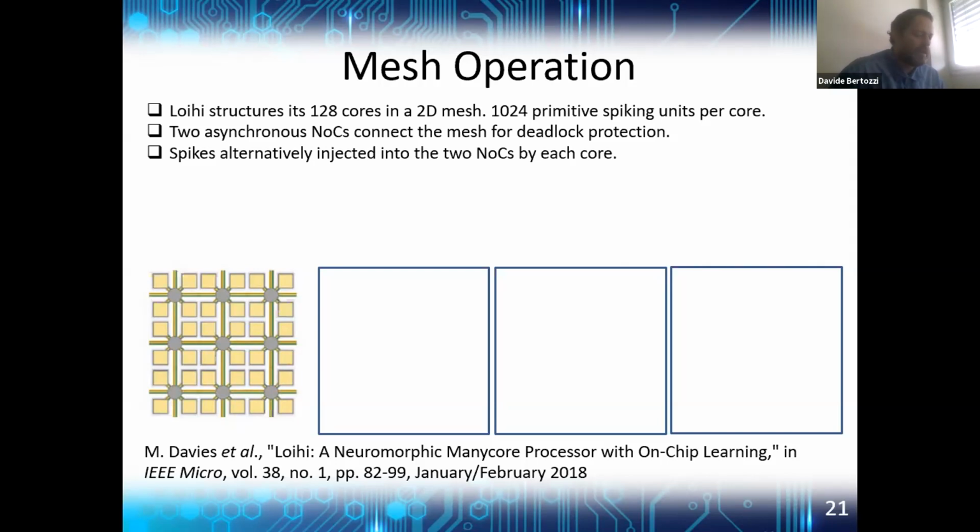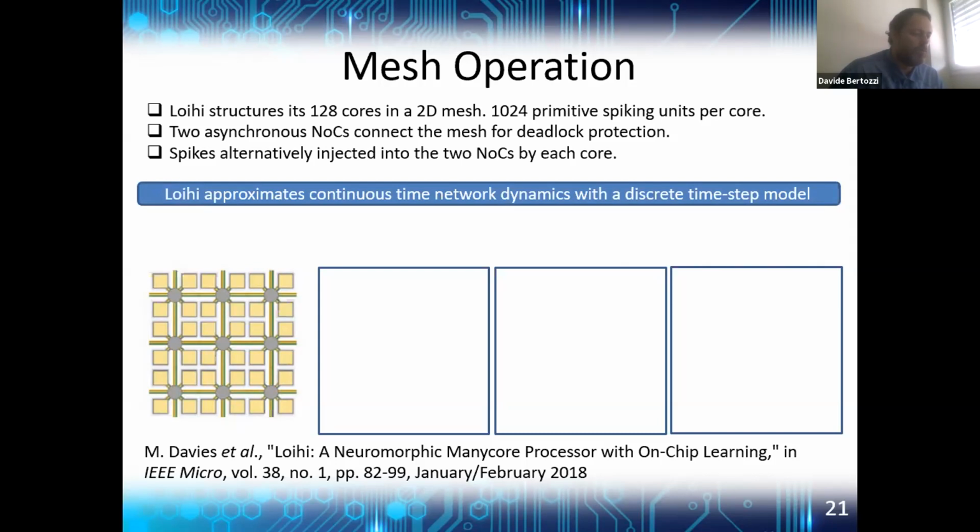Let's see now the operation of the neuromorphic mesh as it executes a spiky neural network model. To understand that, we need to recall that although real networks exhibit continuous time dynamics, Loihi approximates this continuous time dynamics using a fixed size discrete time step model.